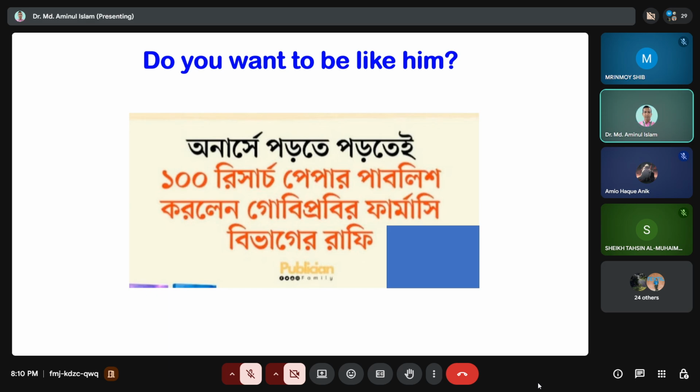Usually, a bachelor student can publish one or two conference abstracts or one or two articles. But publishing 100 research papers is quite impossible, and everybody will ask you this question: why have you published 100 research papers? So excess of anything is bad like this.